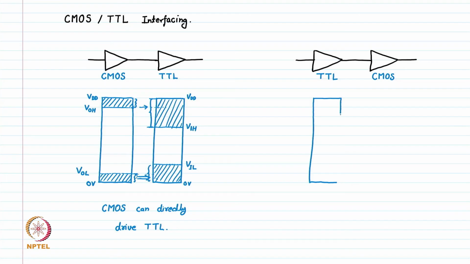So let us draw the voltage levels for TTL, because TTL output is going to the input of CMOS. For TTL we need to write the VOL, VOH levels, and for CMOS we need to write the VIH, VIL levels. So for a CMOS, this is symmetrical.